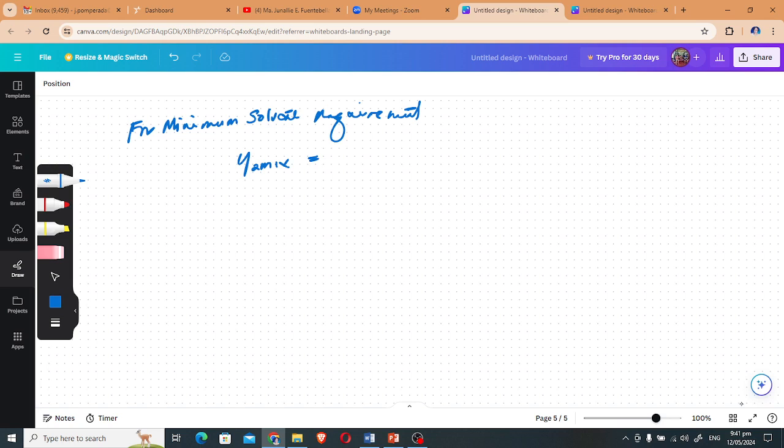So Y2 max, this refers to the gas, the concentration of the gas leaving our tower, because our solvent this time is gas, so that is why it's Y2 max.